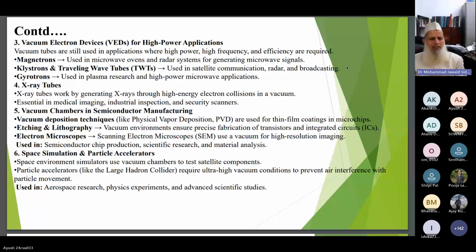Space simulation and particle accelerators: space environment simulators use vacuum chambers to test satellite components. Particle accelerators like the Large Hadron Collider require ultra high vacuum conditions to prevent air interference with particle movement, and that is used in aerospace.